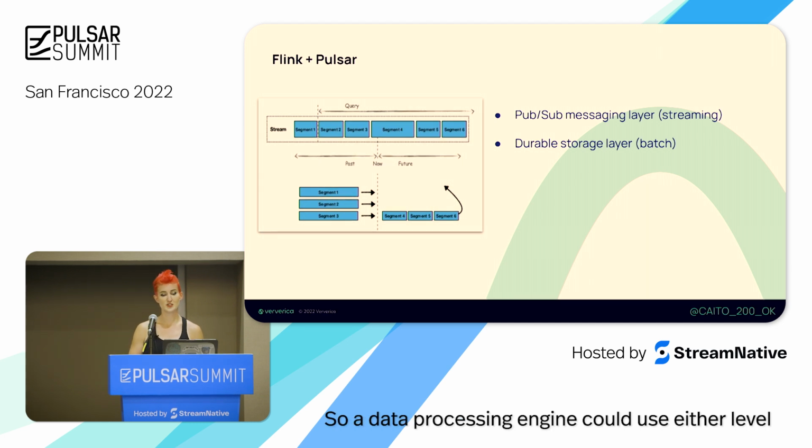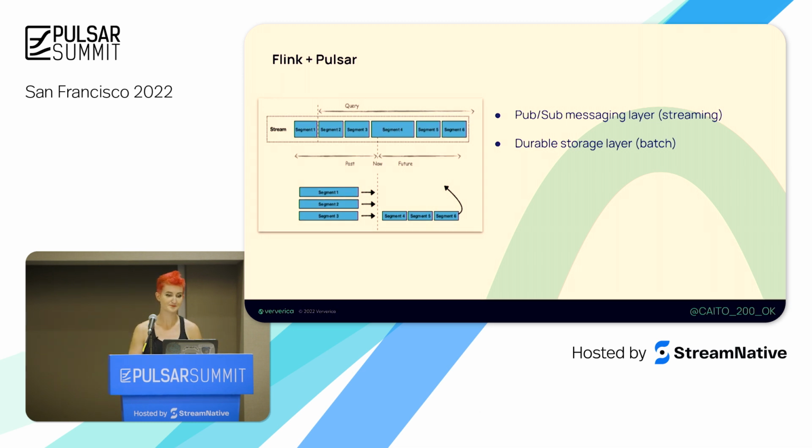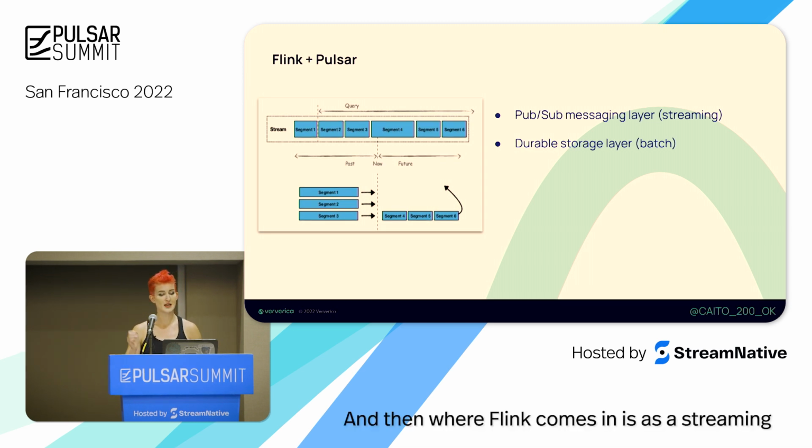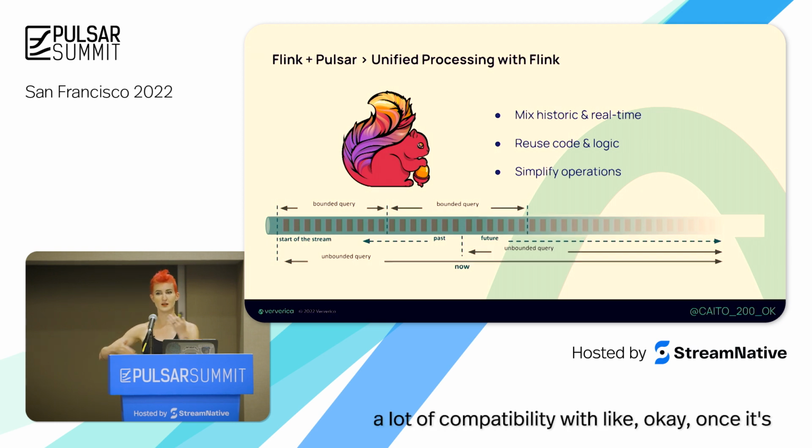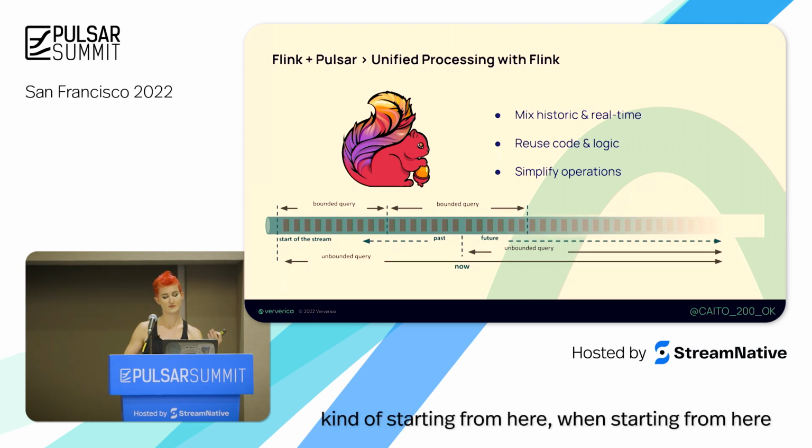So a data processing engine could use either level to process the data in the most efficient way. And then where Flink comes in is as a streaming-first data processing engine that can also do efficient batch processing. So you'll start to see there's a lot of compatibility: one's starting from here, one's starting from there, and they're meeting in the middle.